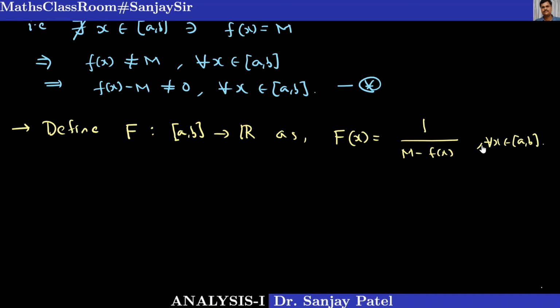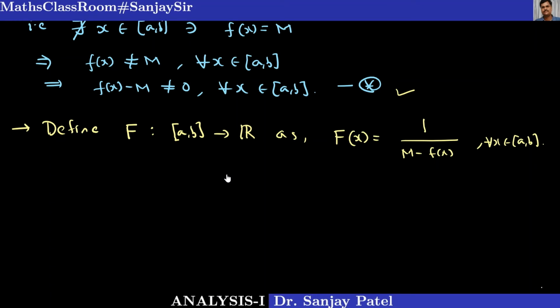And this is a well-defined function because of this star: because f of x minus M is not 0, M minus f of x is not 0, so we can define 1 upon M minus f of x. So it will not create any problem. We have taken this new function capital F, and it is defined for every x belongs to closed interval AB from the condition star.